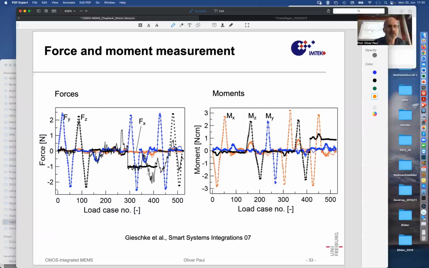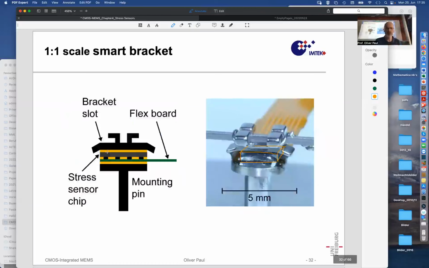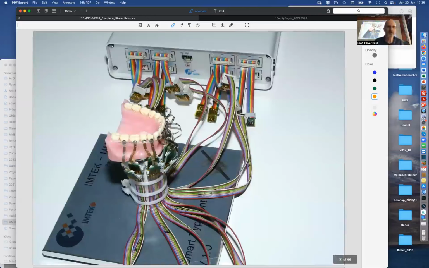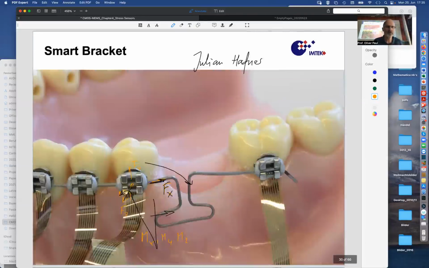But it also shows that actually some components are not so well measured. In that case, namely the component Fz. The pulling on the bracket here in this perpendicular direction. This Fz was not yet satisfactory.